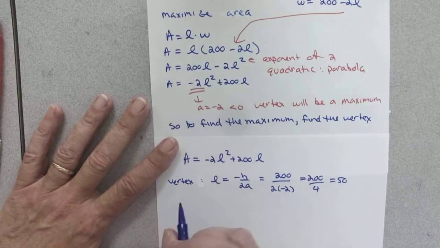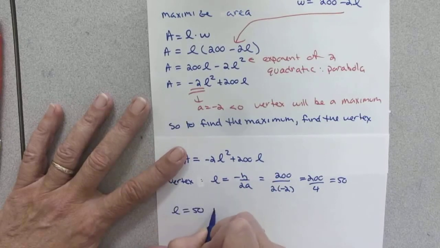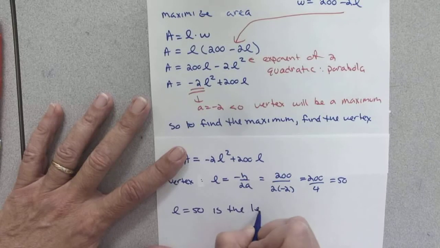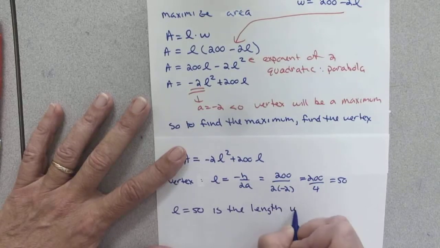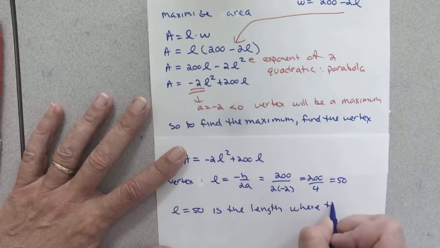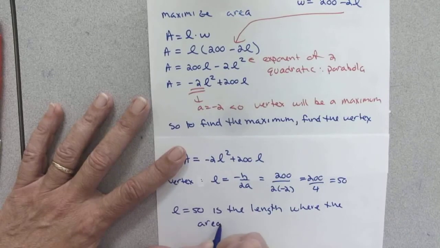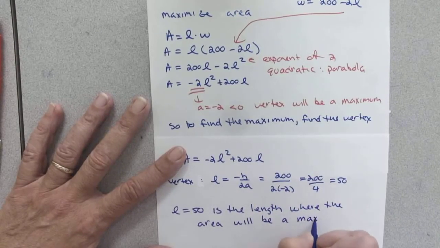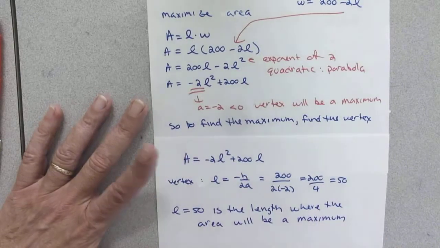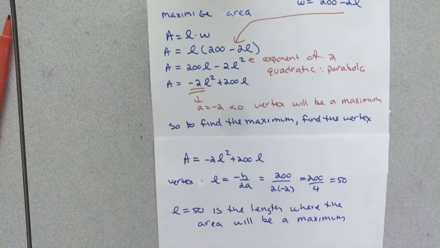And so right there, that L equals 50 is the length where the area will be a maximum. That's what L stood for. We had L's and W's, lengths and widths.